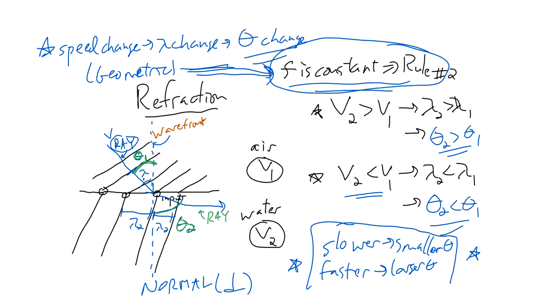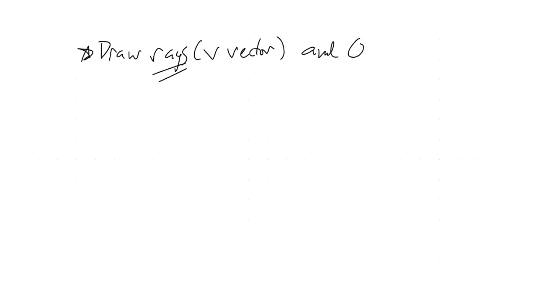So let's clear this up and formally define it. You don't need to draw the wavefronts. Draw rays, which represent the velocity vector, and the angle with respect to the normal line.